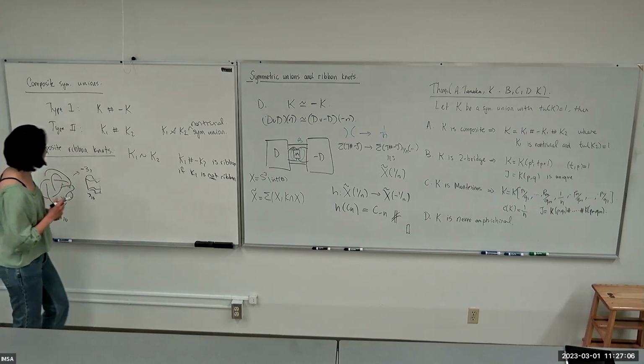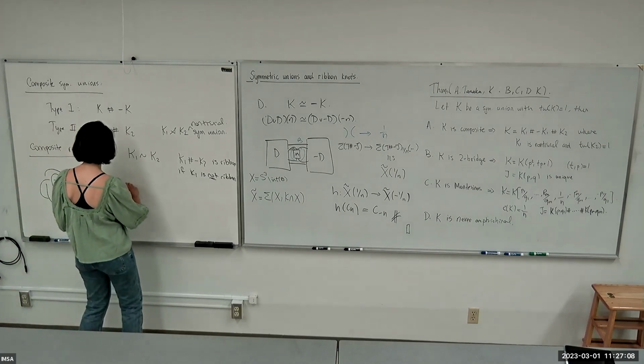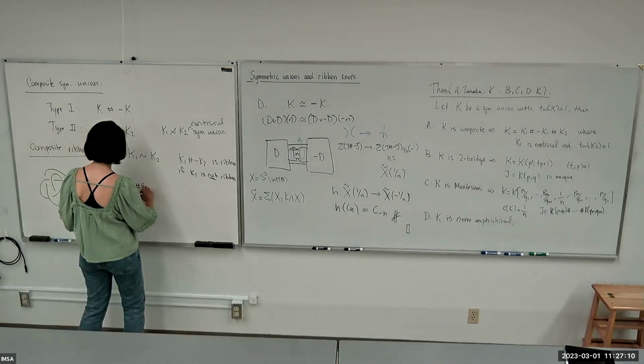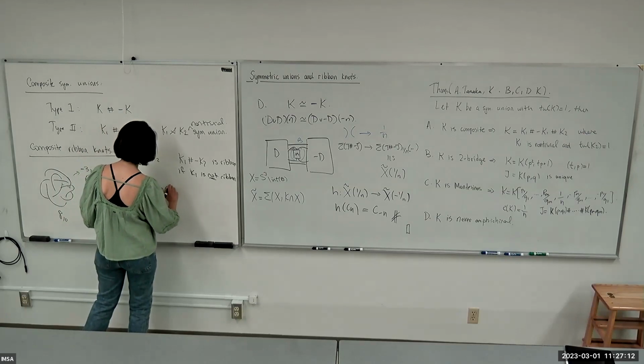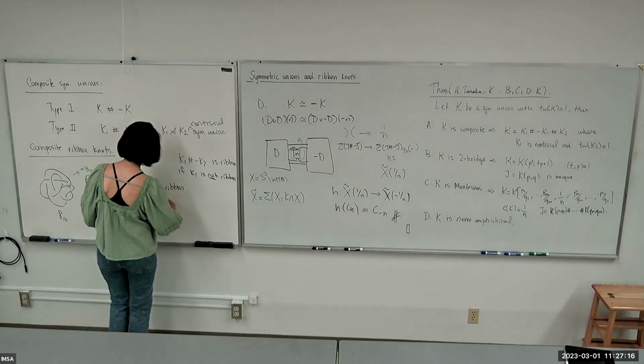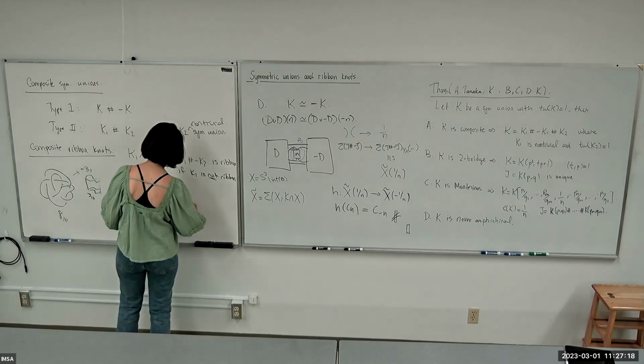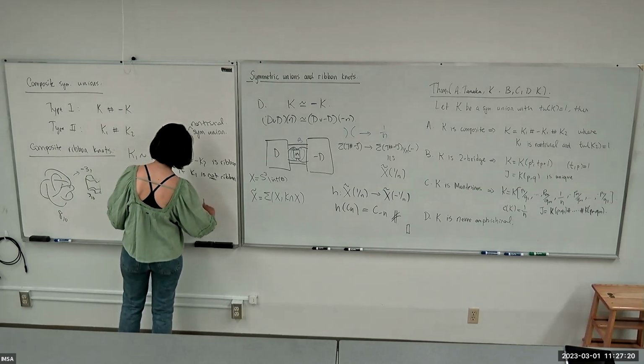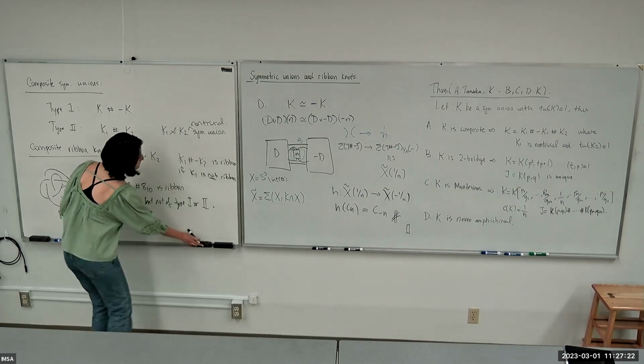Let me type that later. So this basically tells us that the triple connected sum of 8_10 is ribbon, but not of type 1 or type 2.